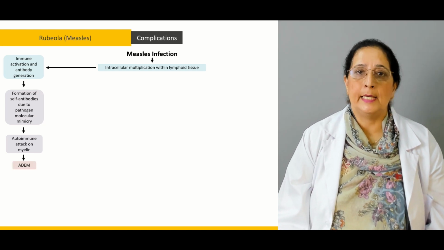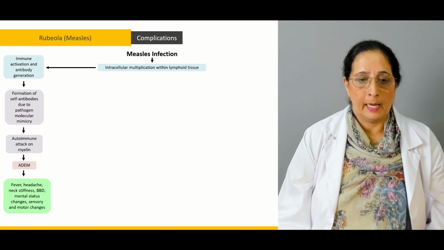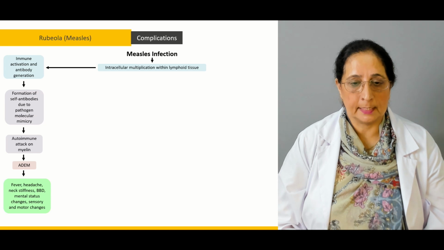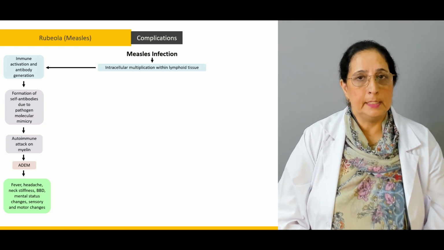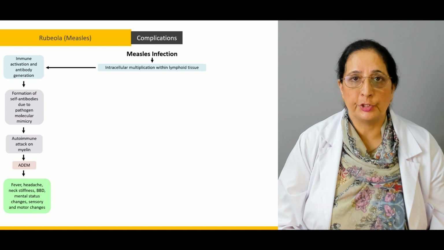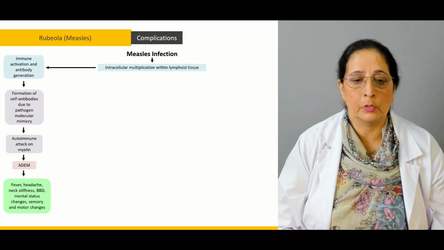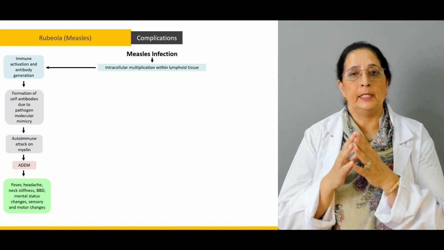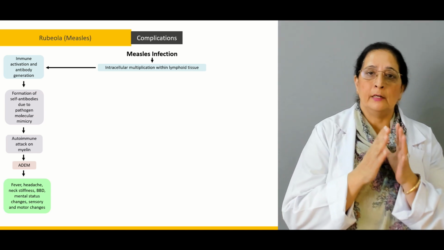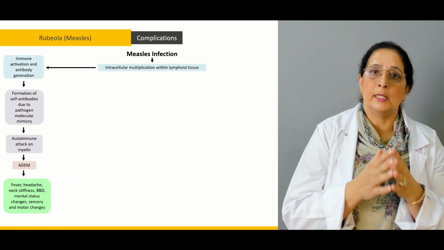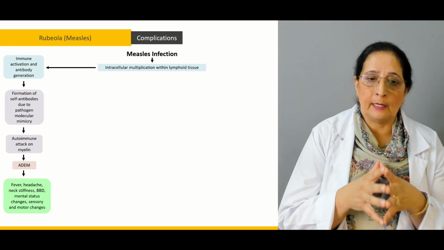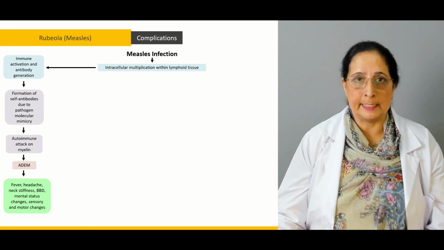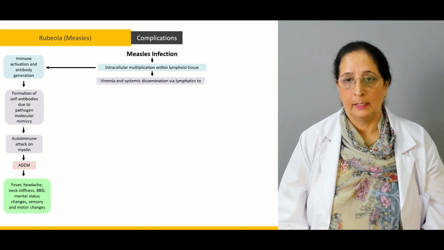Then there is ADEM, with fever, headache, neck stiffness, mental status changes, sensory and motor changes. So there is multiplication in the lymphatic tissue, generation of antibodies, generation of self-antibodies, and there is fever, headache, mental status changes.